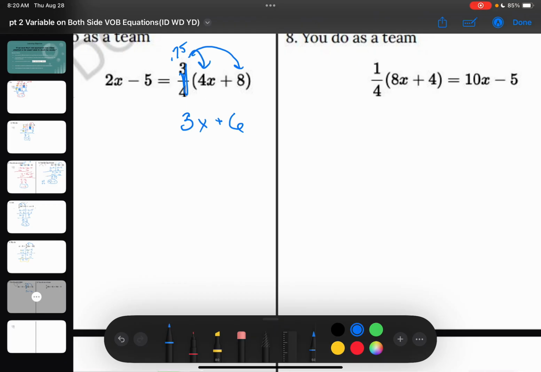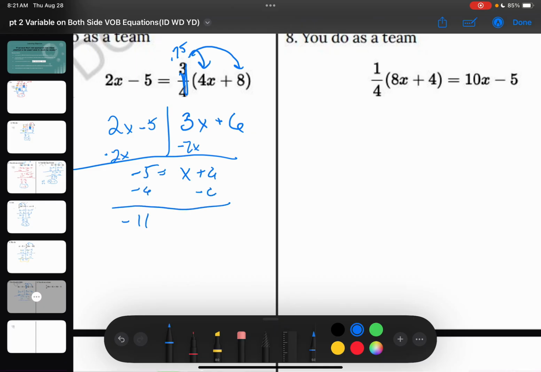So now we have 3x plus 6 equals 2x minus 5. I would subtract 2x from the left, 2x from the right. I get minus 5 equals x plus 6. Subtract 6 from both sides. Negative 11 equals x. Again, I would make sure to check that to verify we're good.